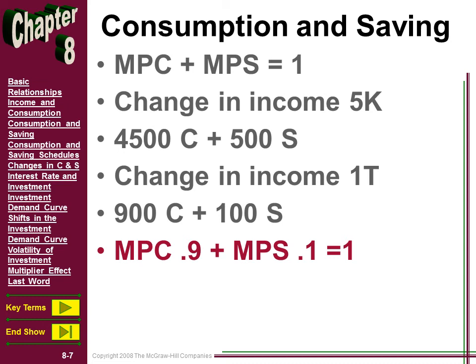Let's assume that they spent $4,500, right? So that's consumption, $4,500 in consumption. Therefore, they saved the rest of the change in income. The change in savings was $500, right? So notice the $4,500 plus the $500, that's all of the change in income.